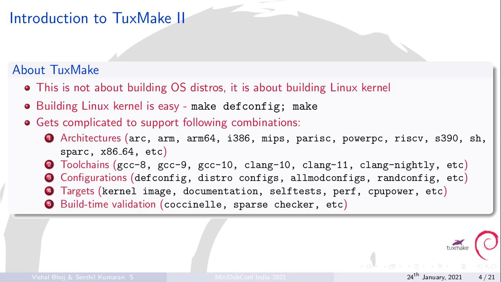But TuxMake provides a common layer of abstraction to reduce the need for every developer to write their own build scripts. So it gives a common command line tool to build for multiple combinations as listed in the slide. There are different architectures, toolchains, configurations, targets, and build time validation, which is supported by TuxMake.